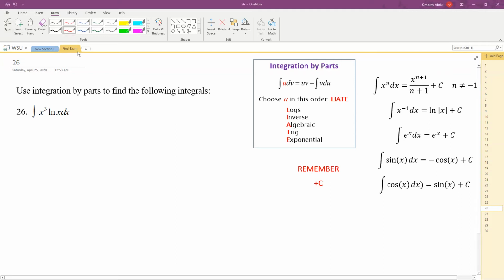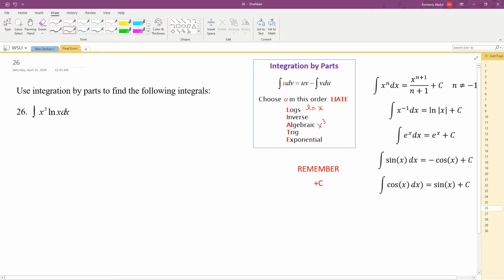All right, so for this problem, we're also going to use integration by parts. A trick to figuring out which one is best to use for u is to figure out which one would come first in this. So here I have x to the 3, which is algebraic, and then I have natural log of x, which is a log.